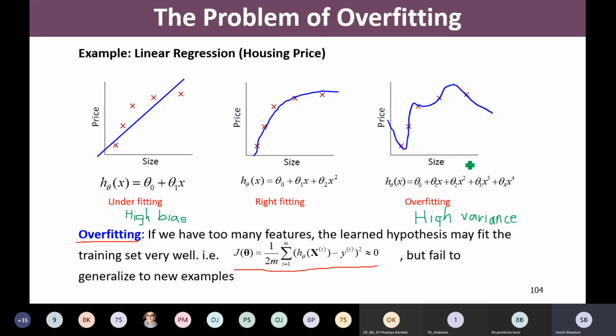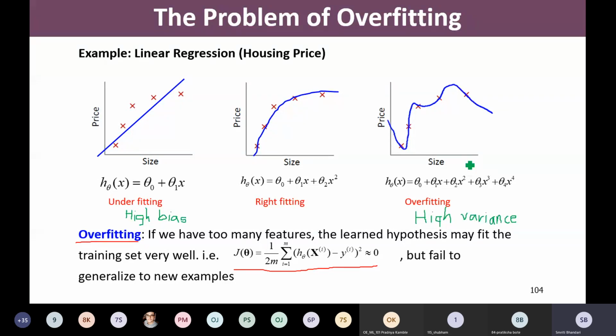I'll repeat once again so that you can understand this statement very well. What do we mean by variance? If we train our model using the training data, and if we obtain very low error, then we say that the model is fitting well.